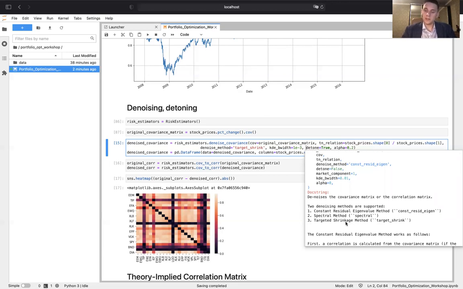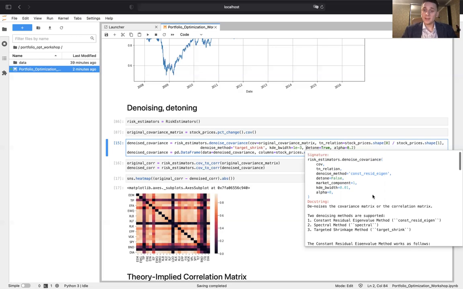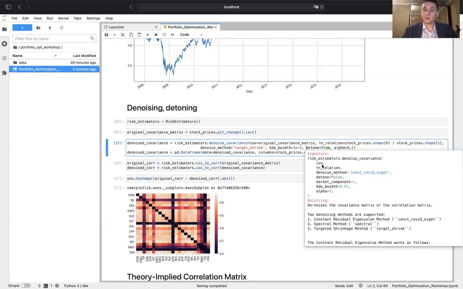So let's repeat it once more. There are three ways to denoise our covariance matrices, which are implemented in Portfolio Lab. The first one is the constant residual eigenvalues method, which is described by Marcos Lopez de Prado in his paper, Efficient Frontier Robust Estimator. And this parameter needs your covariance matrix, Tn relation.